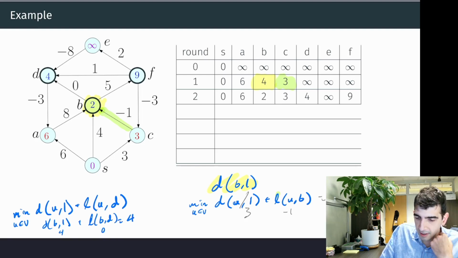Okay, and so we could assign a shortest distance of 4, which is smaller than infinite.